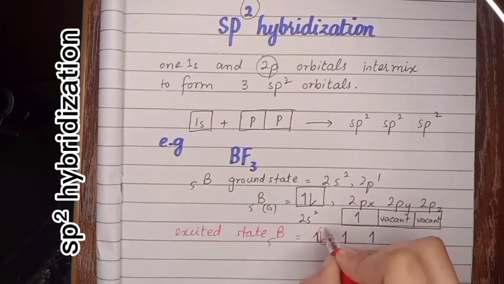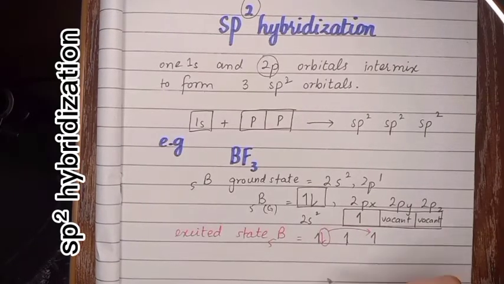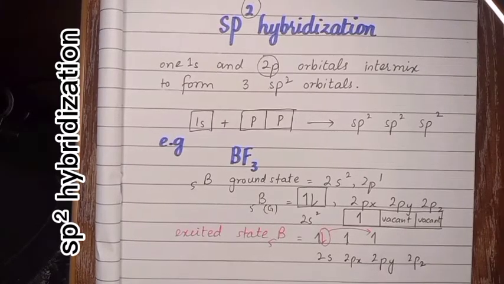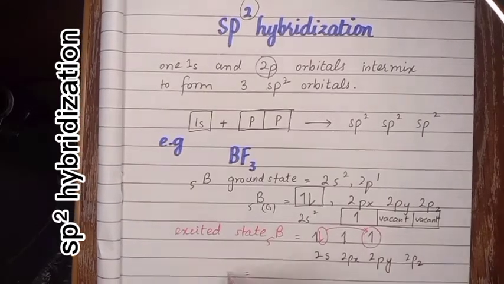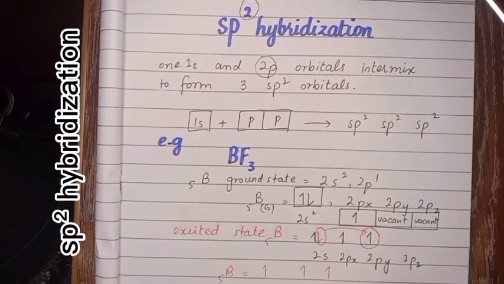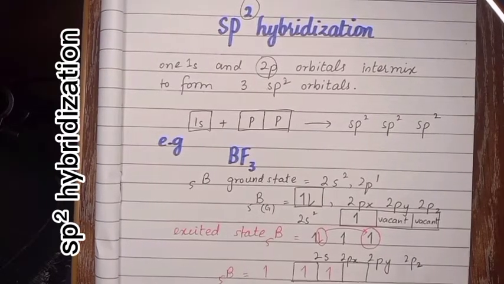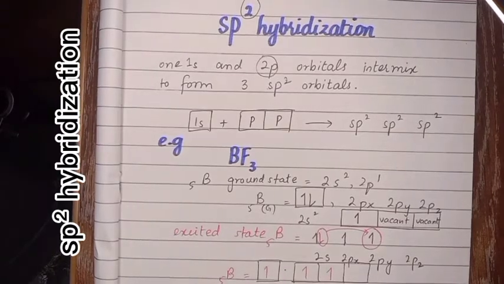Here I have demonstrated the excitation process for clarity of the concept, how the excited state in boron happens, and the resulting hybridized orbitals will be sp2 orbitals, and they will be 3 in number.